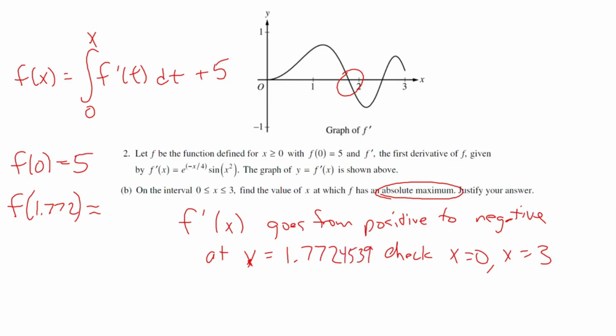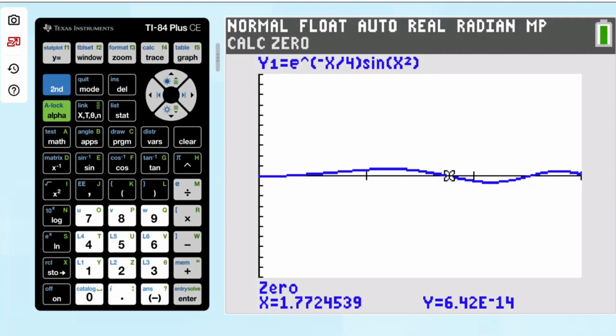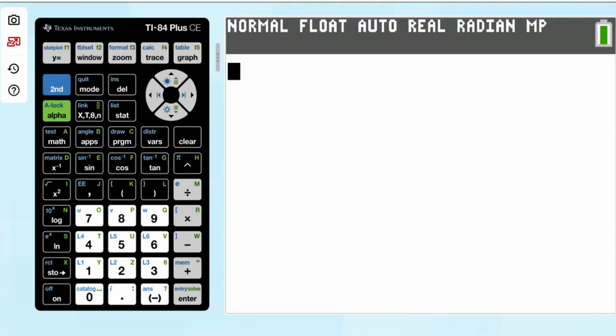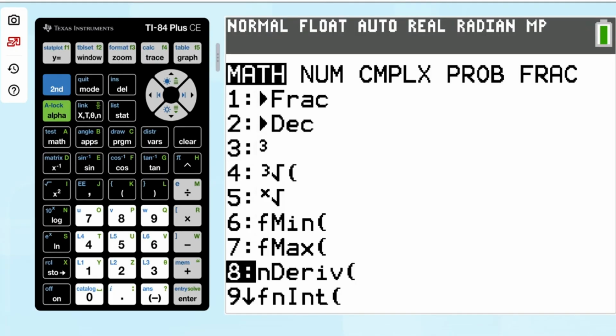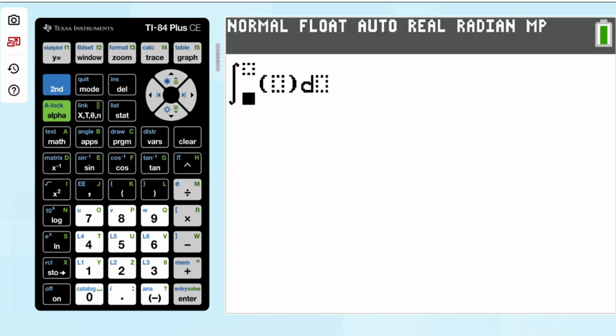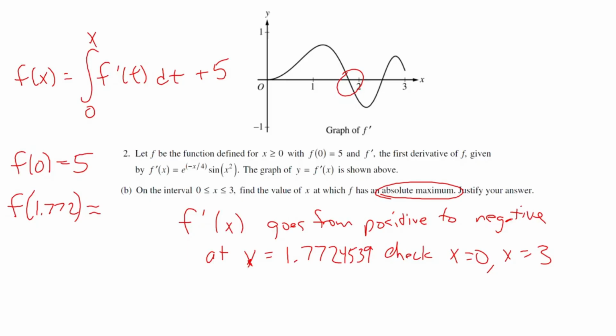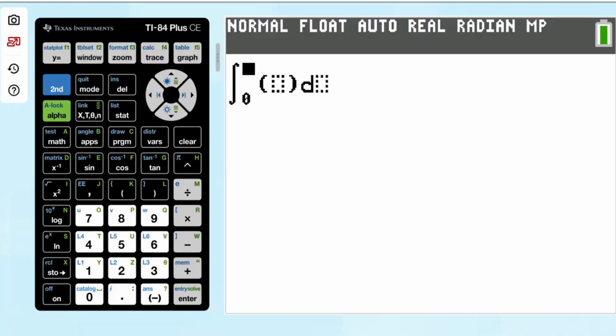Okay. So now when I use this on my calculator, we're going to go back to our main window, and we'll do math, option number 9 for the integral. We're going to go from 0 to that value that we just had, 1.7724539.